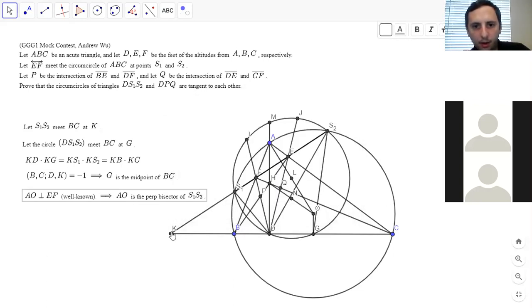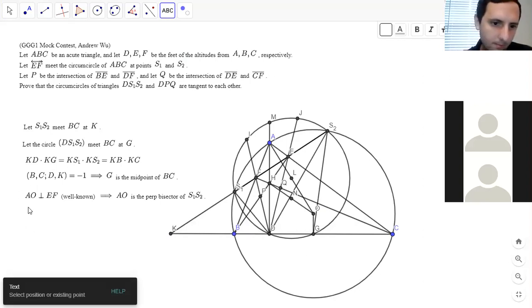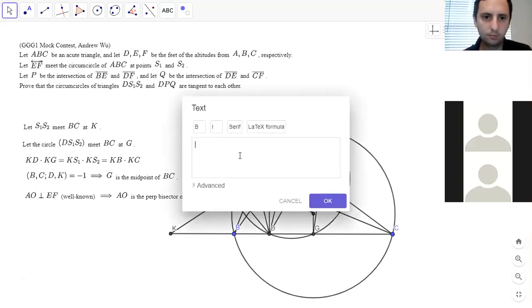All right. And so that means that A, L, and O are collinear. We have to define L as the center.